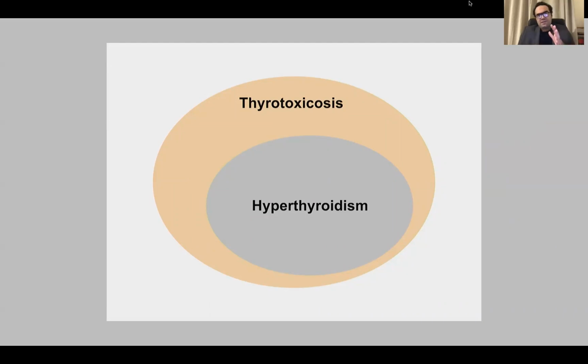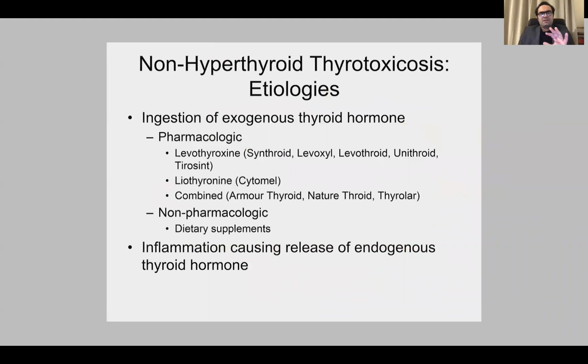But when it is due to the synthesis of thyroid hormone, which involves many steps, and that is increased, then we call it hyperthyroidism. This is an important clinical difference, and we should know this. So there are some non-hyperthyroid thyrotoxicosis and some hyperthyroid thyrotoxicosis.